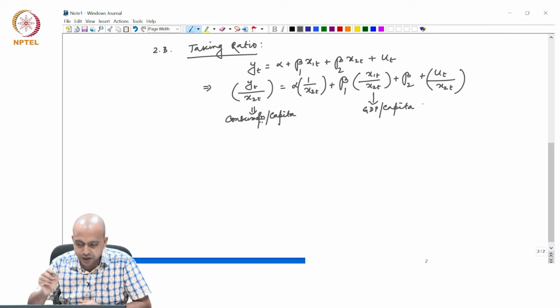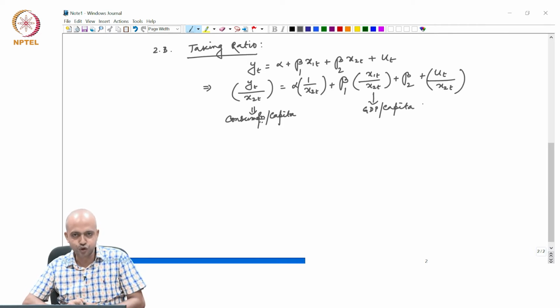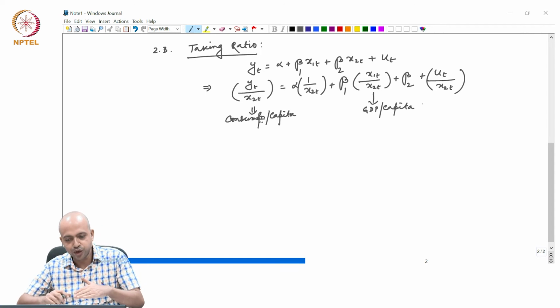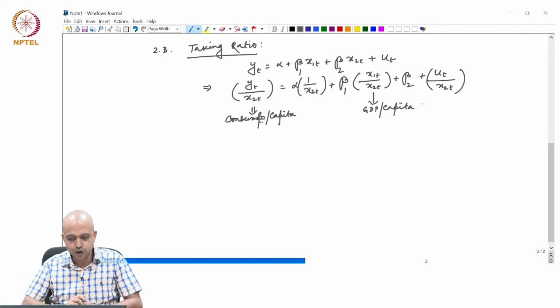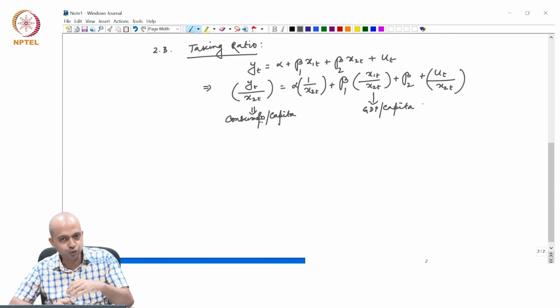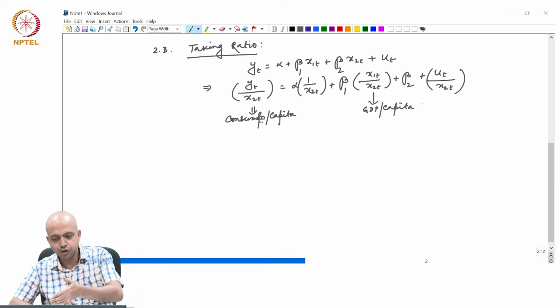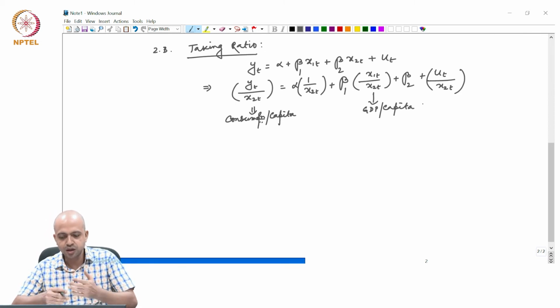So, instead of running the regression in its absolute form, you are basically running the regression in per capita form, which makes sense. Okay? So, you can also transform some of your variables in ratio form, so that I am not losing any information, because my information on population is also there in the form of consumption per capita and GDP per capita.